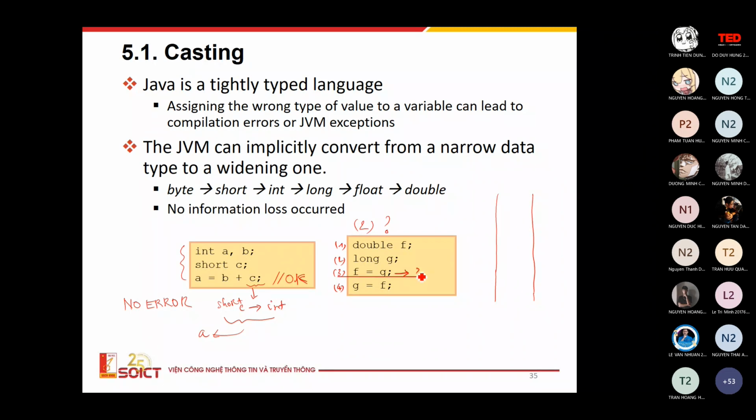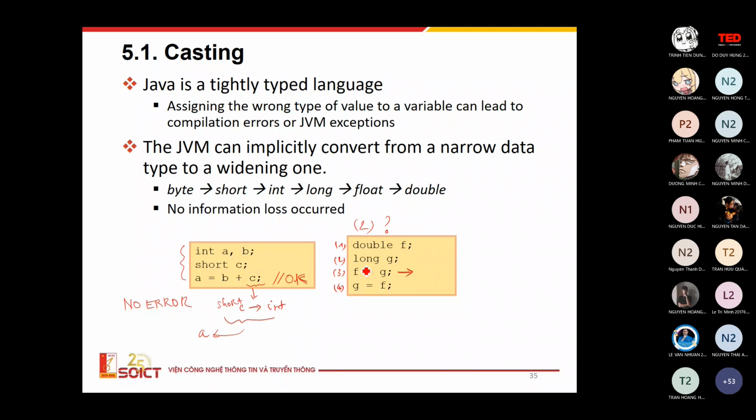Fourth command. No. Stop. We will stop at the third command, for example. The third command. Is this okay or not? Sorry, I was wrong. This will be okay, because you convert the long to double.